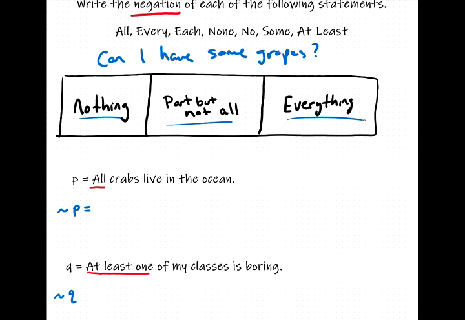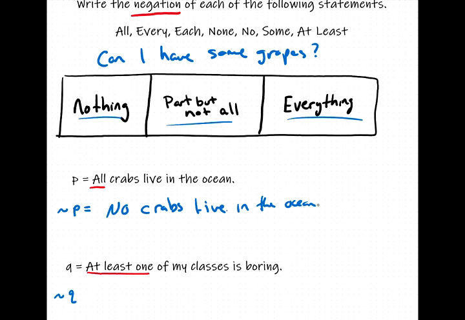So if I said write the negation of the statement all crabs live in the ocean, well, intuitively, it might make sense to say, well, negation, opposite. Well, the opposite of all is none, so no crabs live in the ocean. All right, that would be wrong.